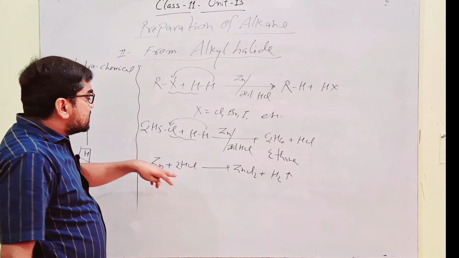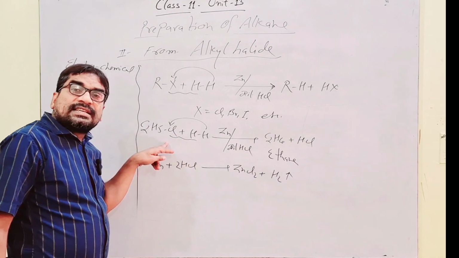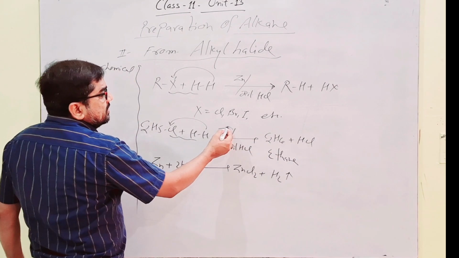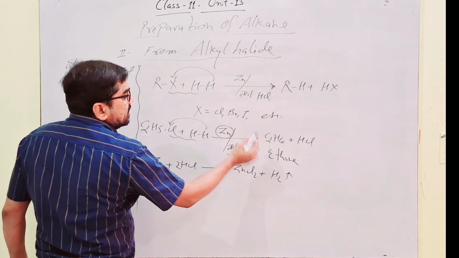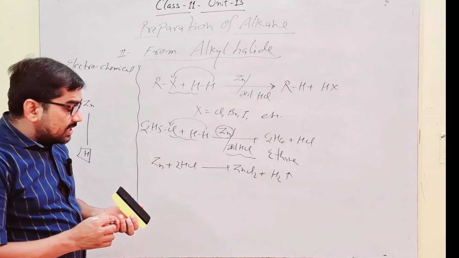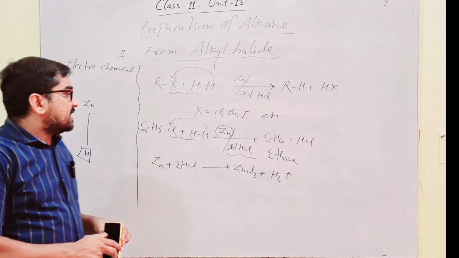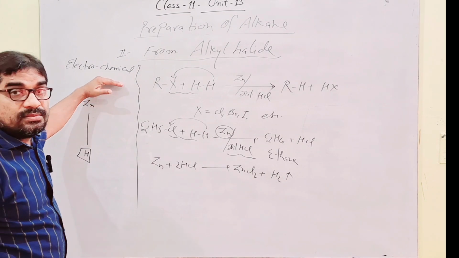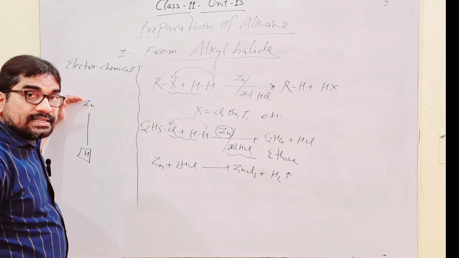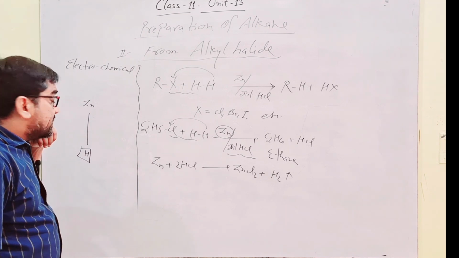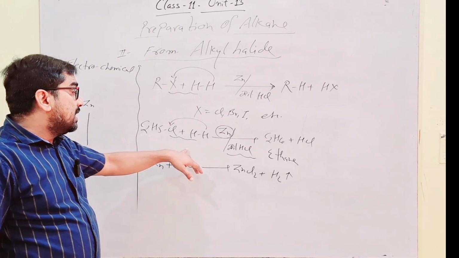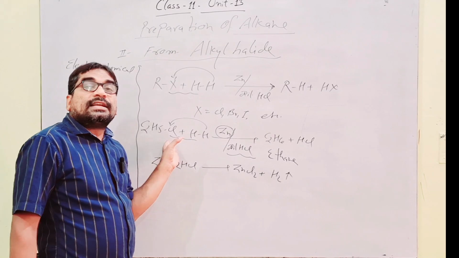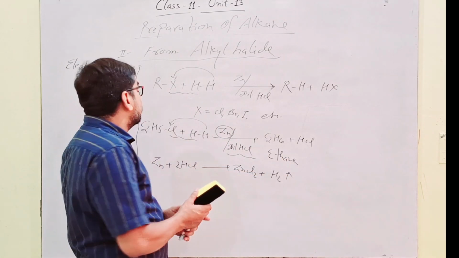So this displaces hydrogen and reduces alkyl halides into alkane. That's why zinc is used here with dilute HCl. So what is the use of zinc here? Zinc is placed above hydrogen in the reactivity series or electrochemical series, so it has a tendency to displace hydrogen from dilute acids. This displaced hydrogen reduces alkyl halide into alkane.